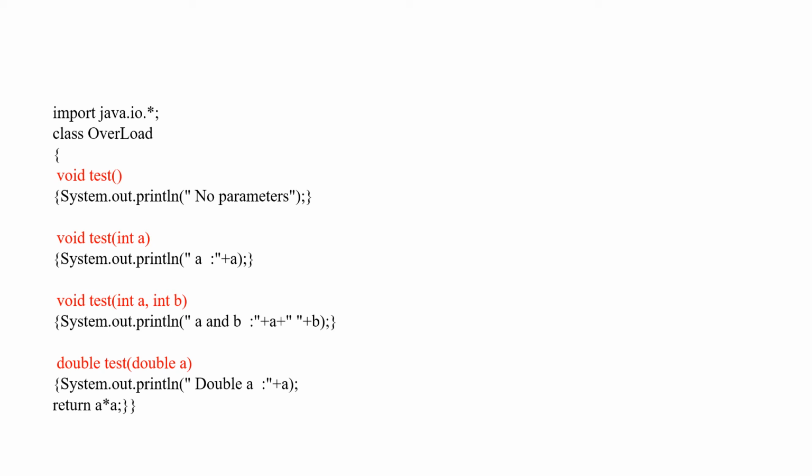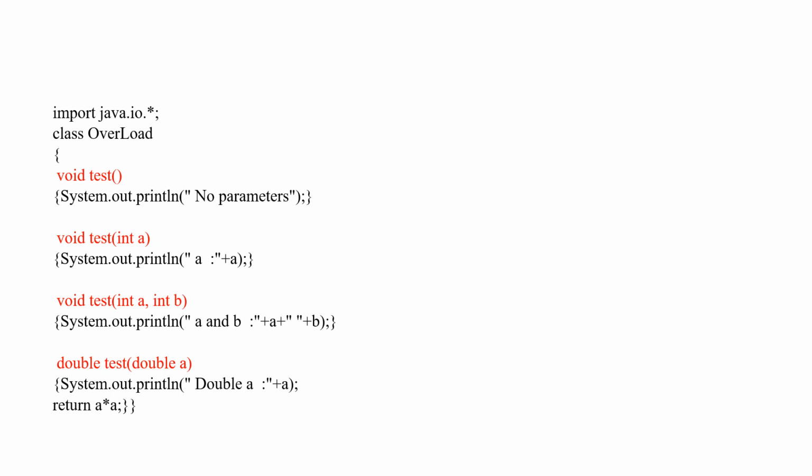For the first test method, void is the return type. For the second one, void is the return type, but it takes an integer value as argument. The third test function takes two integer values as arguments. For the fourth one, double is the return type and it takes a double value as argument.